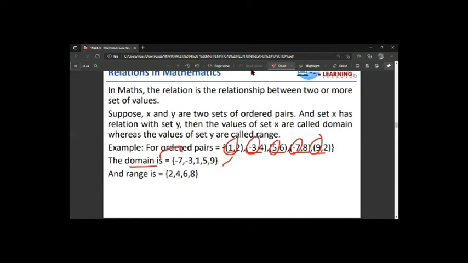So yung range naman is yung 2, 4, 6, and 8, and 2. Pero na-repeat naman ang 2, so there's no need for you to list it again. Okay? Okay. So 2, 4, 6, 8 lang ilagay.